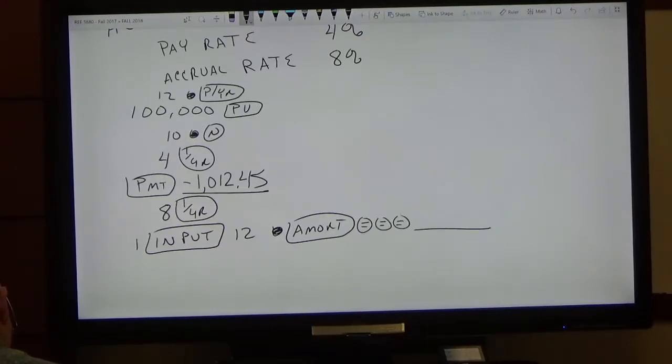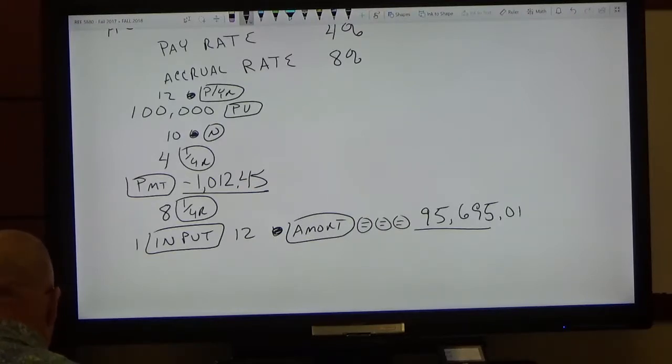And it's 95,695.01, rounded. Okay, is everybody good with that? Yes or no? So that is the answer to the question: what would be the balance of the loan at the end of some period of time?